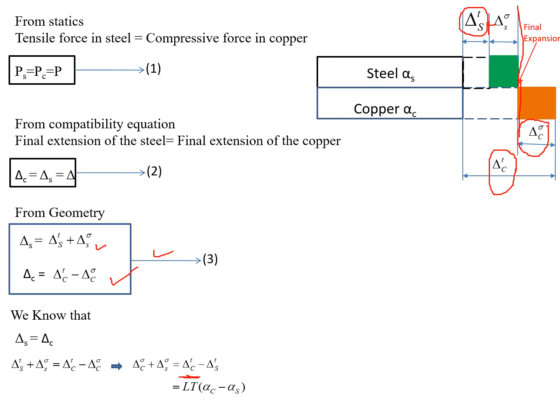So delta CT is the free expansion of the copper due to the temperature rise, that is L alpha C T, minus the free expansion of the steel due to the temperature rise, which should be L alpha S T. Then substitute these values here, we will get L T into alpha C minus alpha S. Let us consider this as equation number 4.